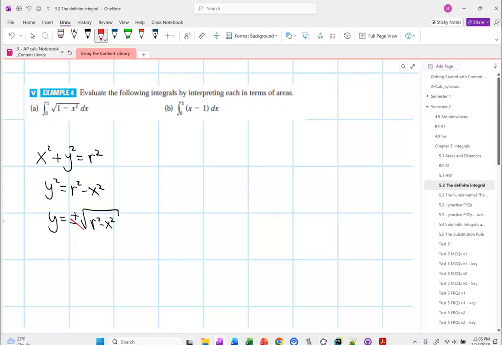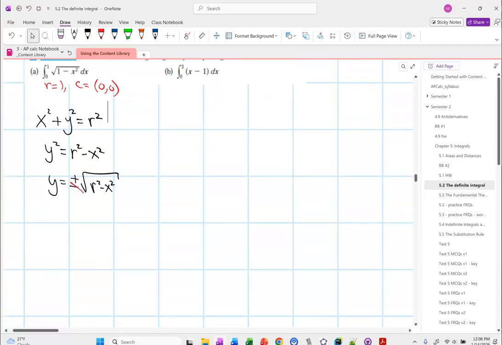So I'll ask you again. Square root of 1 minus x squared is, what do you see? The top half of the circle where the radius is 1. Great. What's the center of that circle going to be? 0, 0. That's correct, Anthony. Can you tell us how you got that, or did you just guess? Perfect, yes.